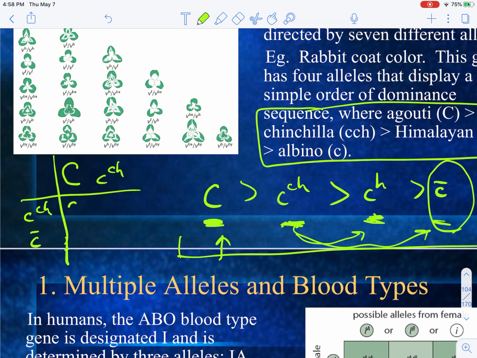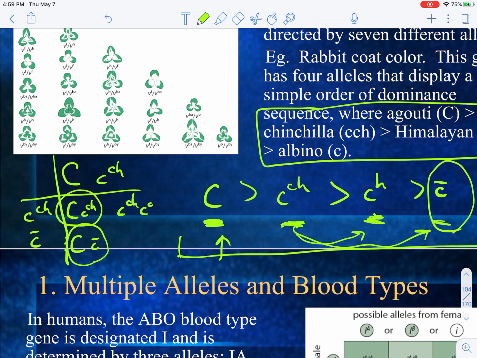So if I'm going to do this one with the dominant agouti and this chinchilla, I want to put the agouti first. That's an agouti colored baby. This one has agouti and the albino, but it will turn out to be agouti. So these 2 will look agouti, even though they're carrying a gene or allele that's more recessive.